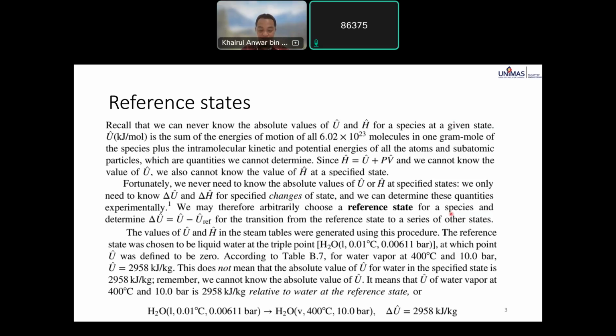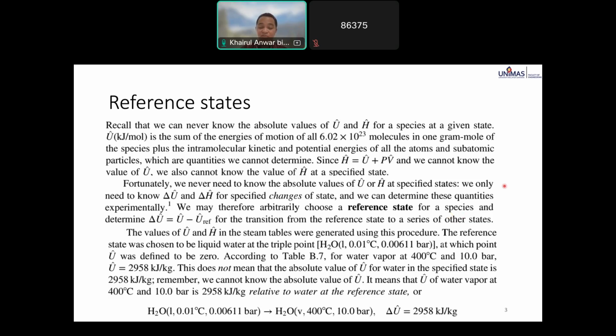Because later on we will learn about different states, meaning from vapor to liquid, liquid to gas. So it requires a reference state for each of the species or each of the elements. Later we learn about it.